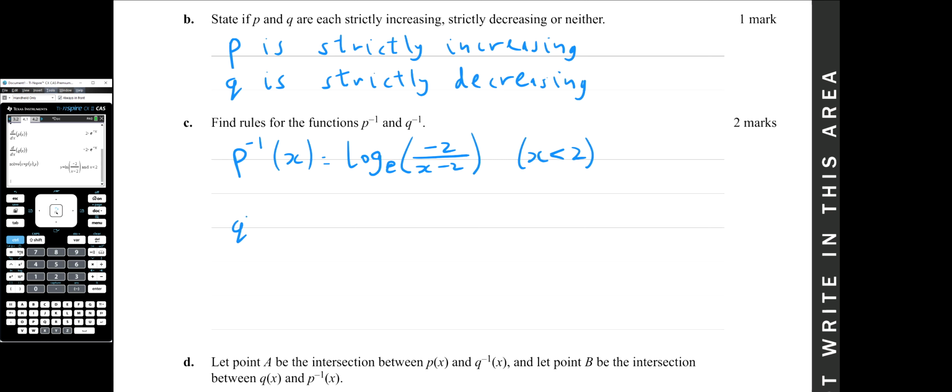So you can write that restriction that the CAS gives us as well. And the inverse of q of x, given that this is 2 marks, we probably don't need to go through the whole rigmarole of letting y equals p of x and then doing the swap and everything. We're just finding the rules, and we can use our CAS certainly for that. So going back to the previous solve, we can just go there and change the p to q.